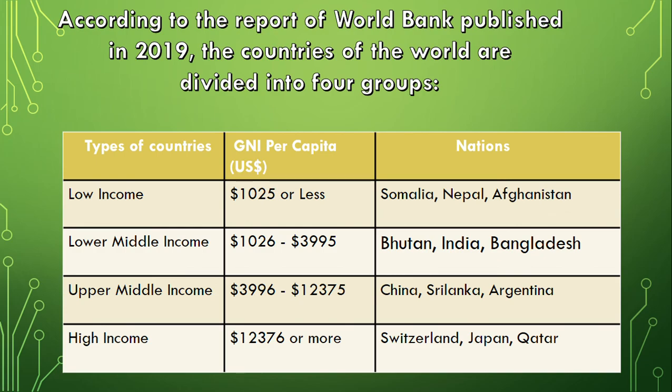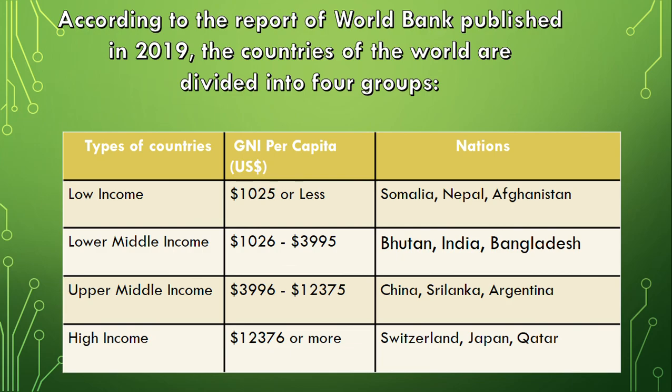The countries whose GNI per capita income is less than 1025 US dollar are known as low income countries. Somalia, Nepal, Afghanistan are a few countries which fall under this category. So see, the GNI per capita income of our country is less than 1025 US dollar, so it is a low income country.